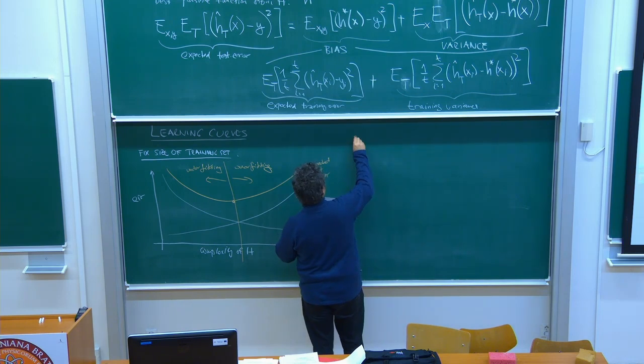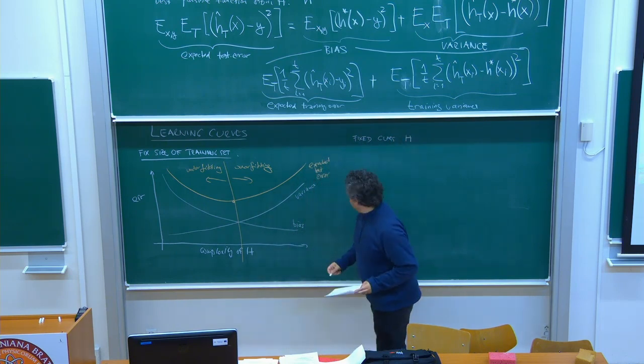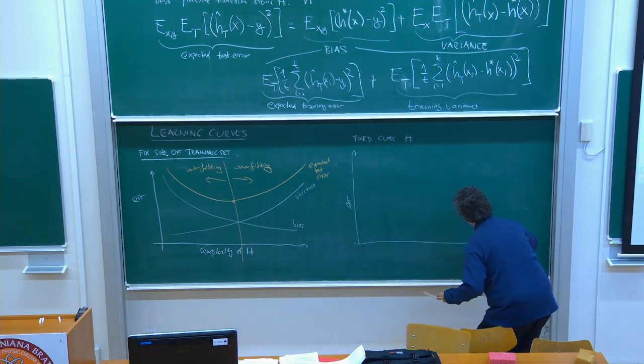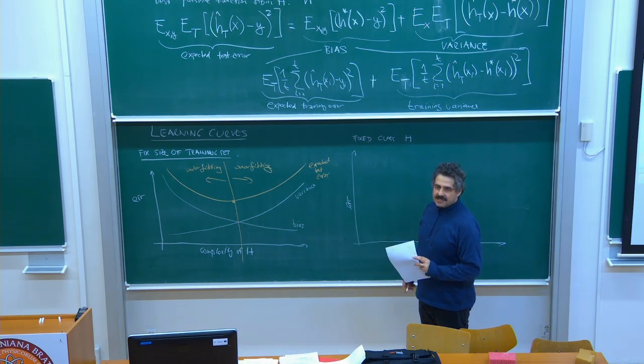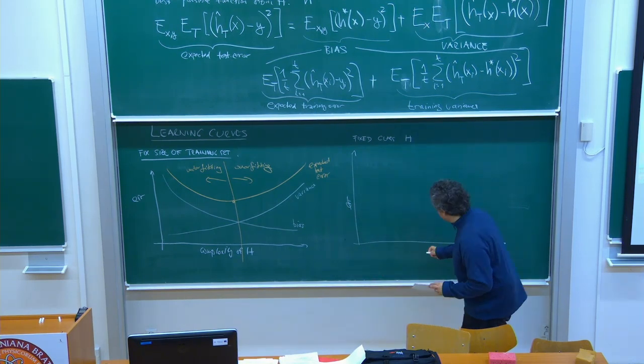Okay, so fixed class H. Again, we can have error here, and here we will change the size of the training set. So now we fix the hypothesis size, and we are allowed to add more training examples. So what happens?